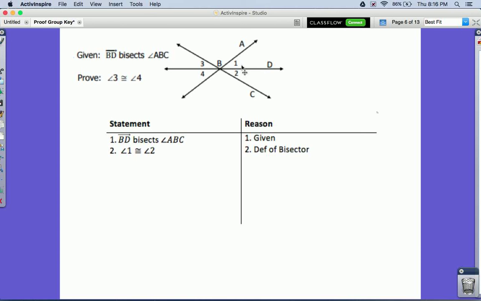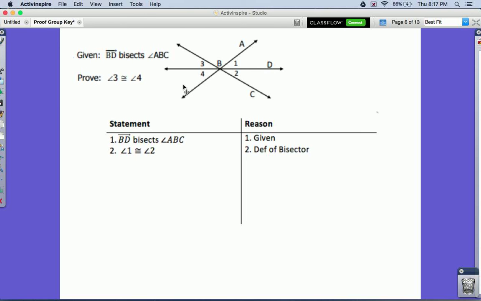So what you should eventually be able to see is that there are several different sets of vertical angles in this picture. So we know that vertical angles are across from each other when two lines intersect.